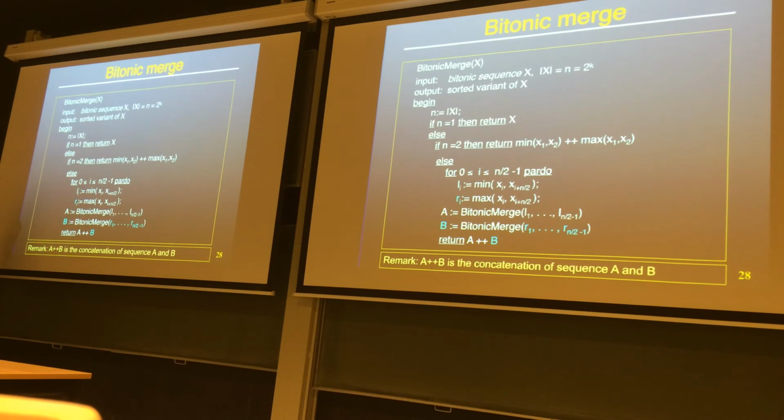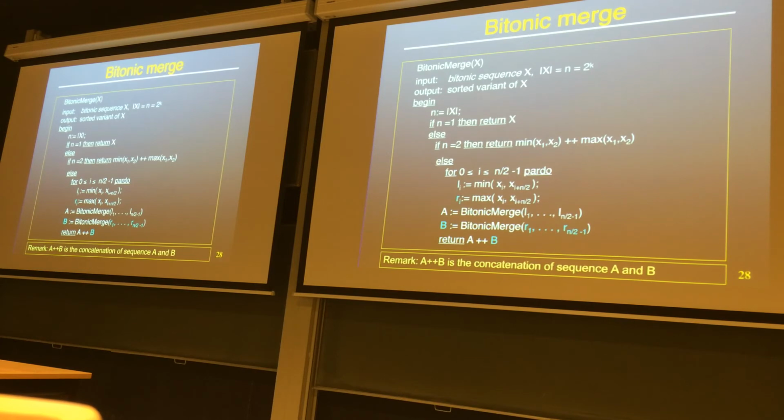But now you make use of the fact that if this is the L of S and this is the R of S, the maximum of any sorted variant of L is smaller than the minimum of the sorted variant of the R of S. So you can just concatenate those sorted variants to obtain the final result. Yeah? So if you concatenate this sorted variant with this sorted variant, then you have the final result, and that should be the sorted variant of your original input.